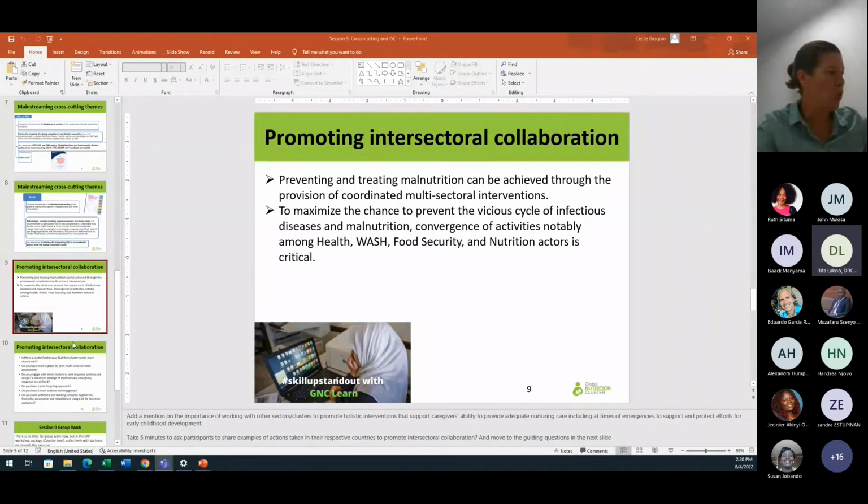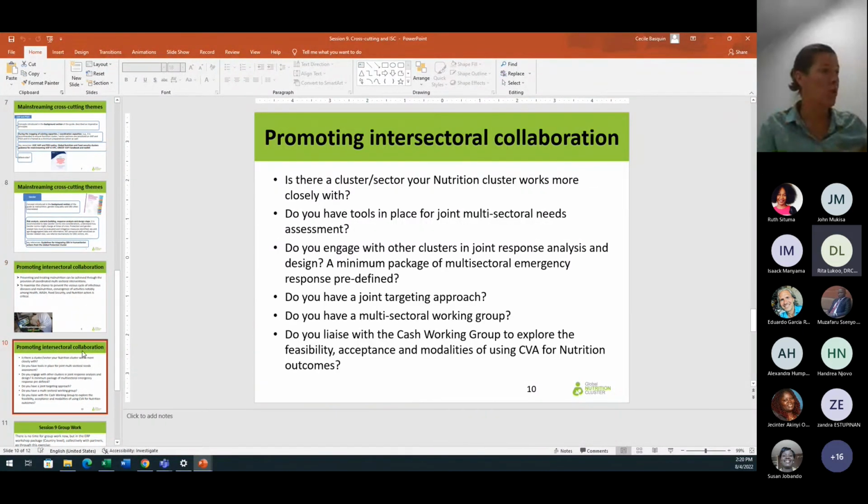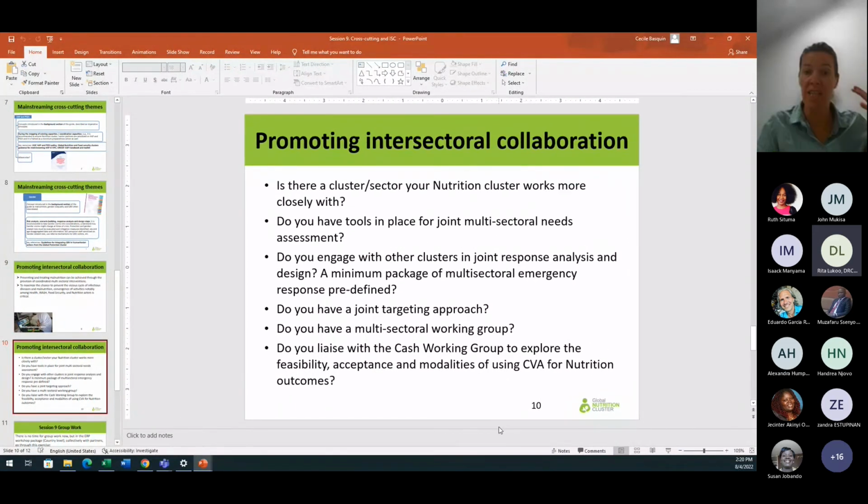So for those of you who may not have reached that level of truly intersectoral collaboration, you can go through those guiding questions and reflect on the examples we've just heard from our colleagues, and maybe start thinking whether, for instance, you have a cluster or a sector you're already working more closely with, and start with that sector at least.